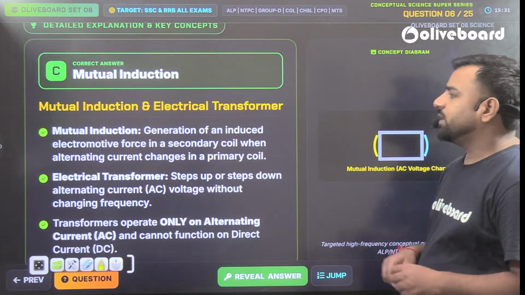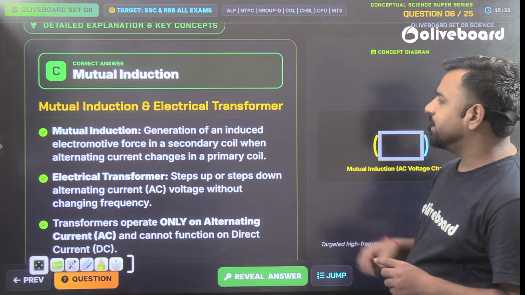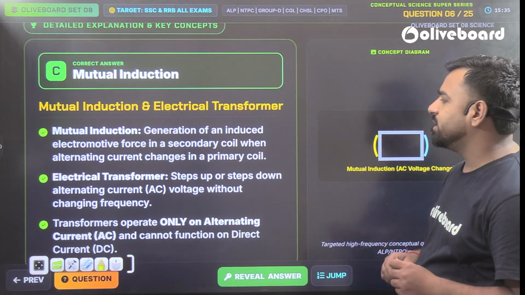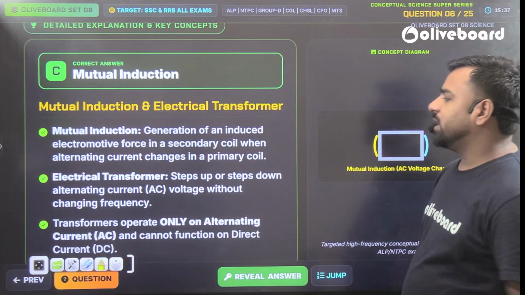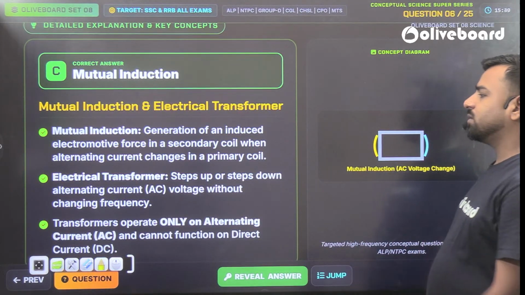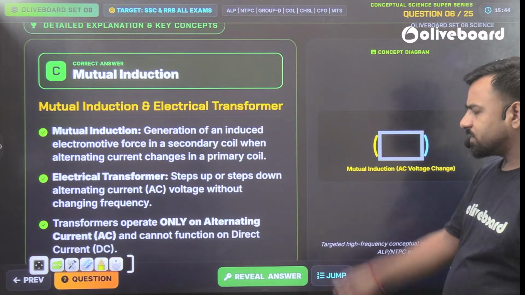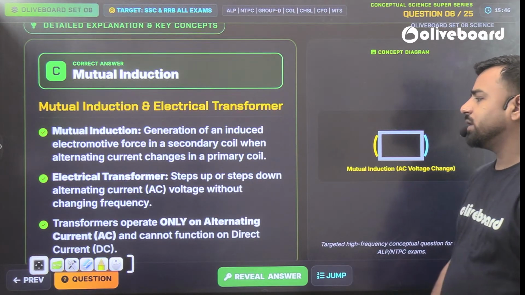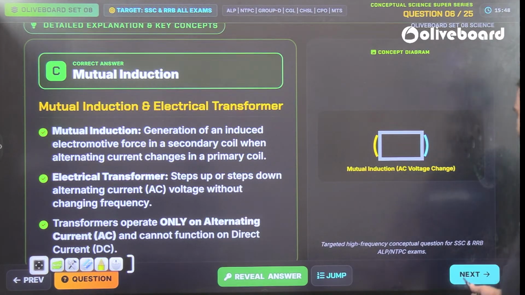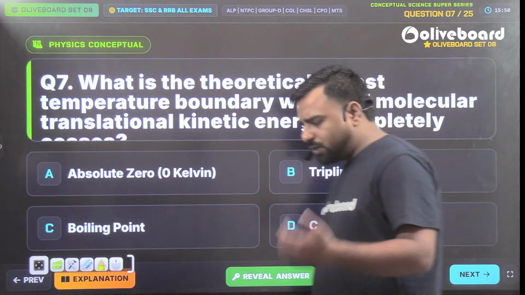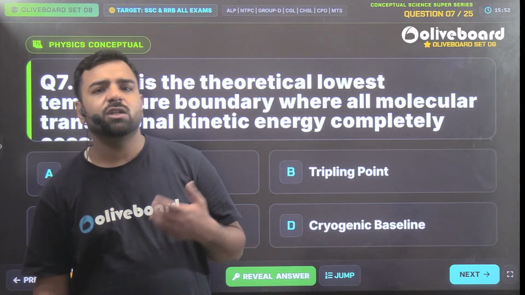So it is the generation of an induced EMF in a secondary coil when alternating current changes in a primary coil. An electrical transformer steps up or steps down alternating current without changing its frequency. Transformers only operate on alternating current and cannot function on direct current. Guys, at home, which current is used? At home, we are using alternating current.